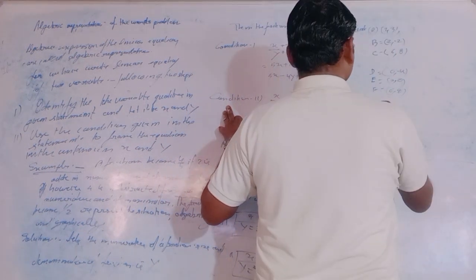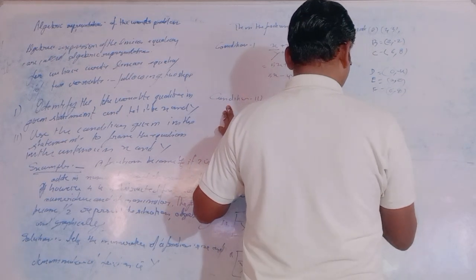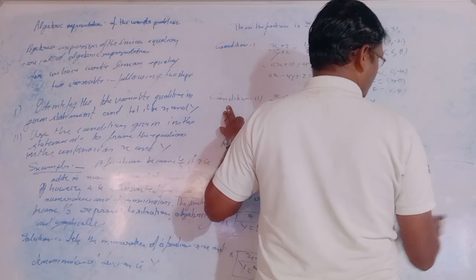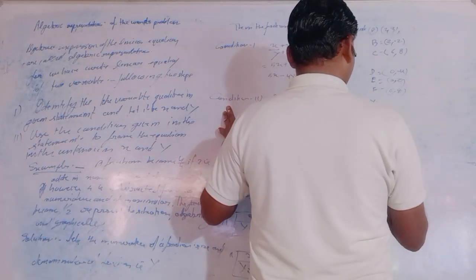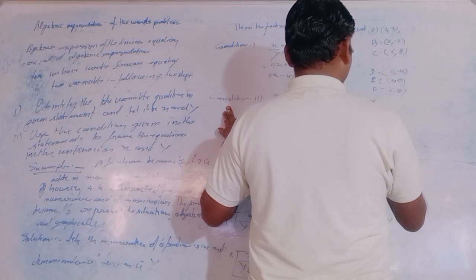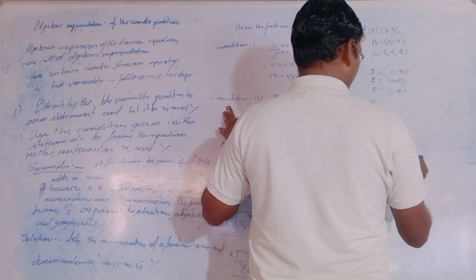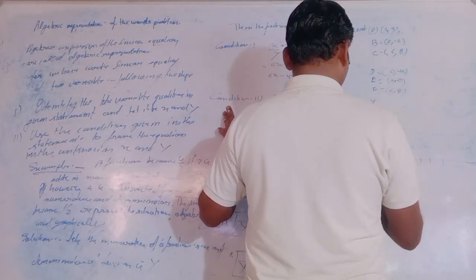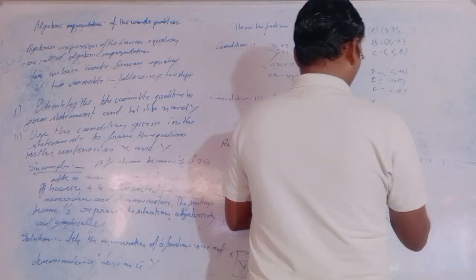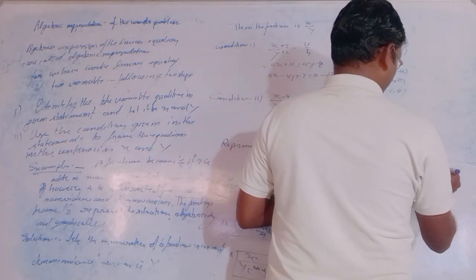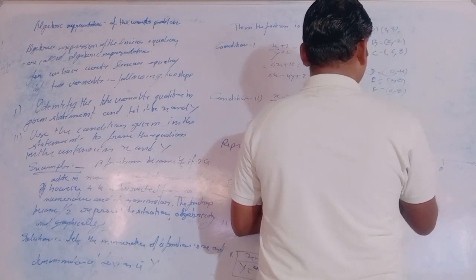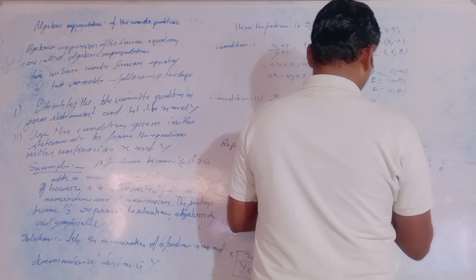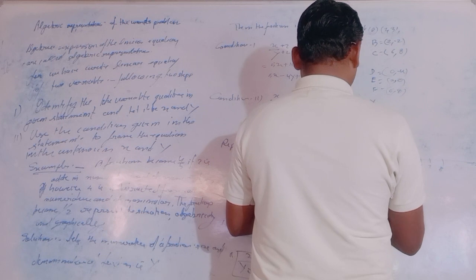Suppose that this is the graph, and this is y dash and x dash, with the axes marked 1 to 8 in each direction.